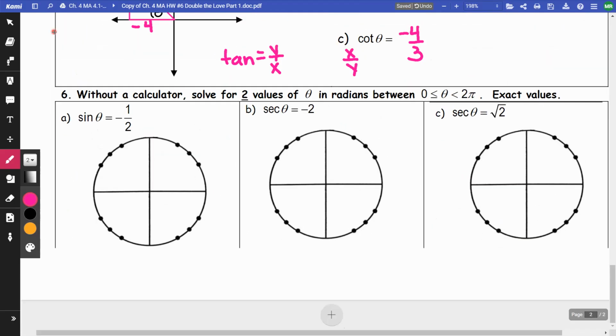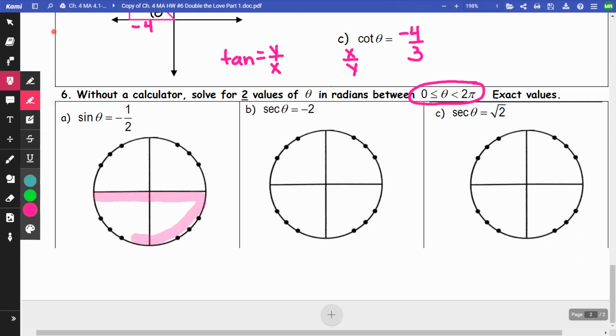On number 6, we want 2 angles, and we want this in radians from 0, including 0, up to 2 pi, but I'm not including 2 pi. So I'm going 0 up to, but not including, 2 pi. For the first one, my sine is negative in quadrants 3 and 4.